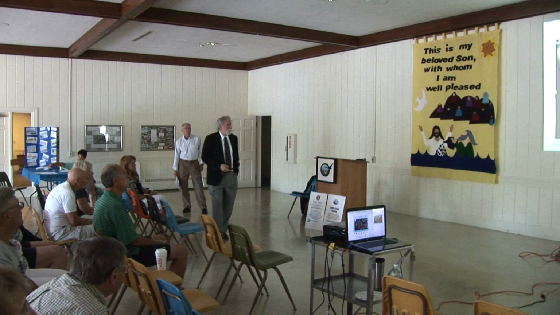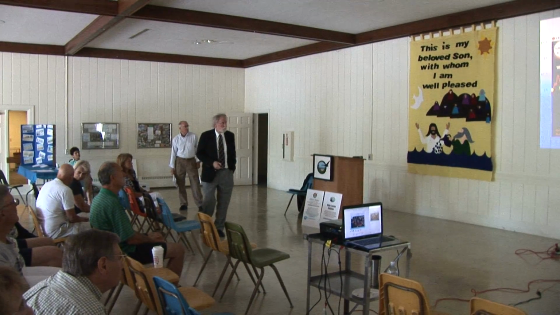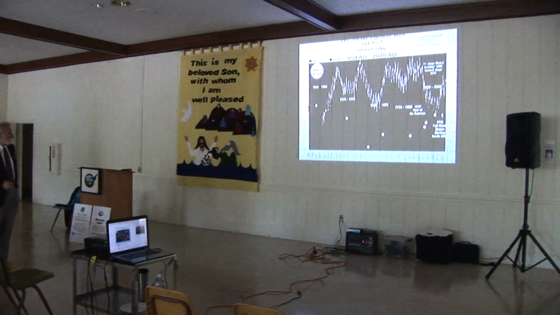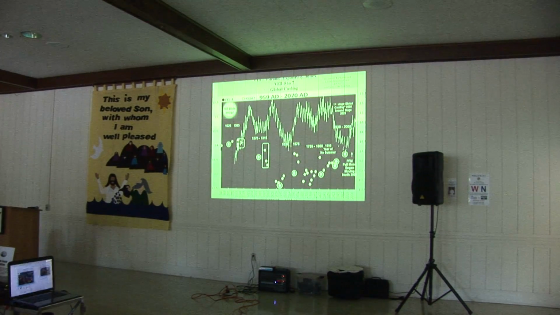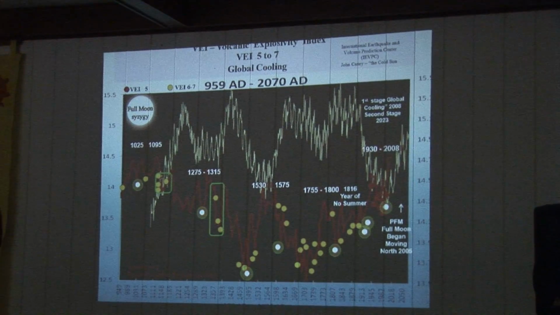In a way, here's the major earthquakes, major volcanoes. I plotted all the major volcanoes going back to 949 AD. And by major, they measure them on a scale of 1 to 7, with 7 being the strongest.